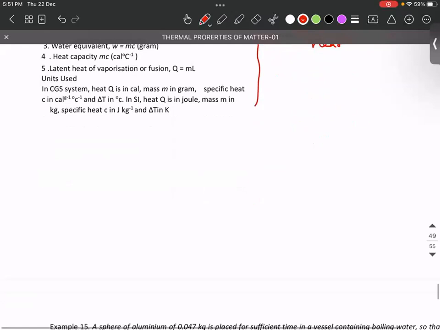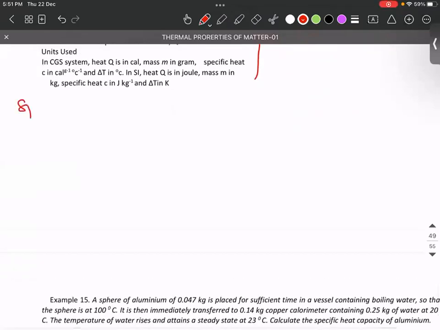How do you define specific heat capacity? So write down the definition.